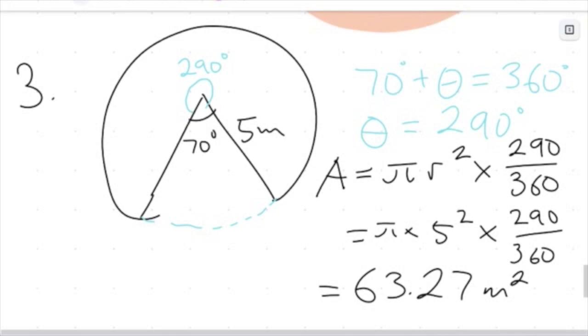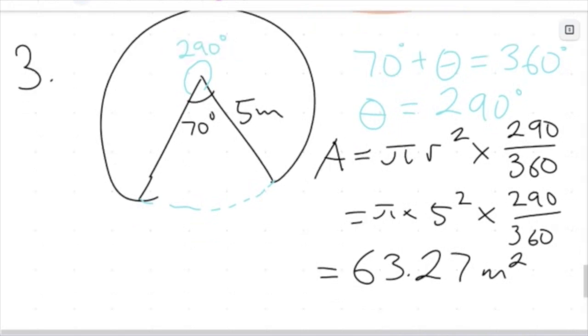Now, did we notice a pattern? Well, every single time we found the area of the whole circle and then we just multiplied that by whatever portion the angle took up.